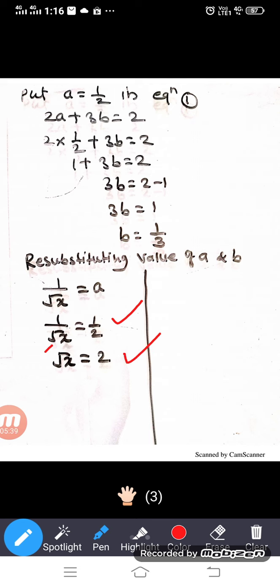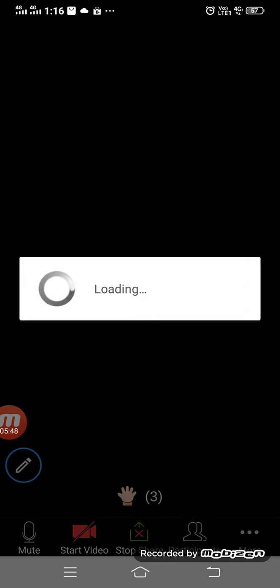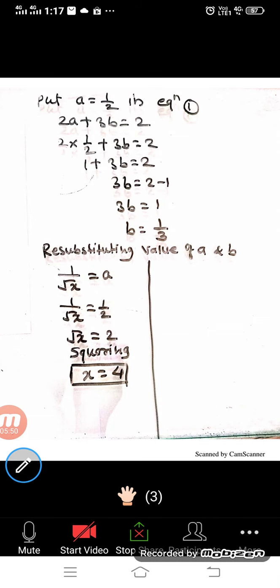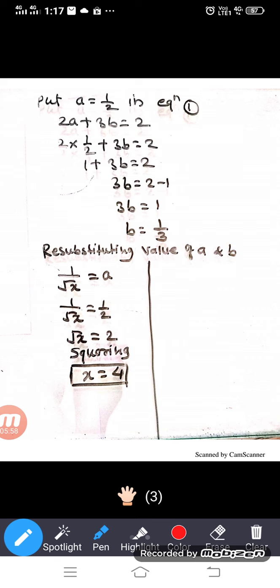To cancel the root, square on both sides. Square of root x is x and square of 2 is 4. Then we get the value of variable x is equal to 4.